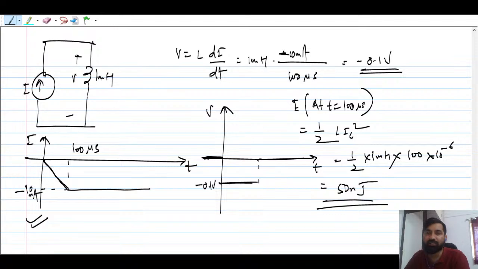Power is nothing but L into current into di by dt. You can find the power. I think this is clear, so power and energy are okay.